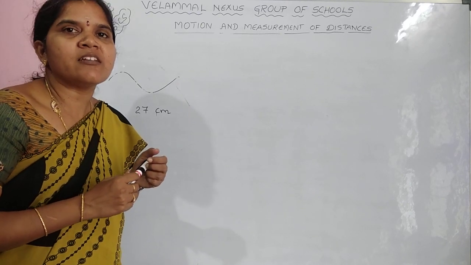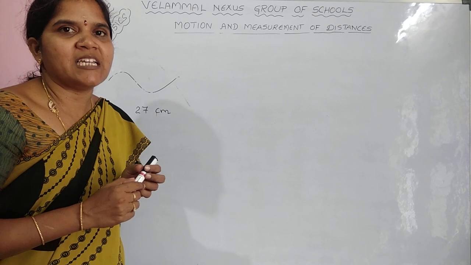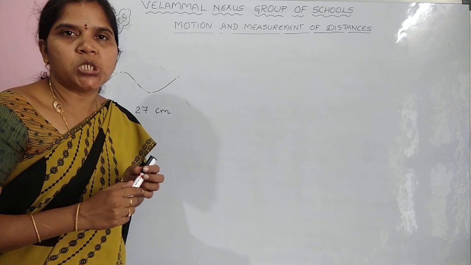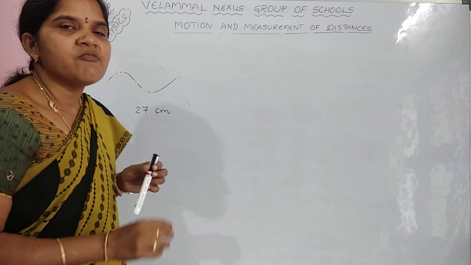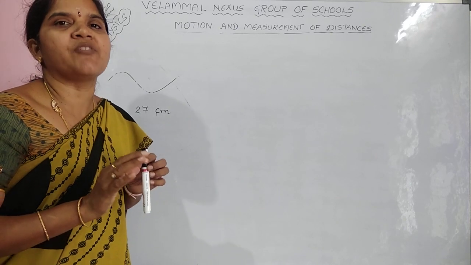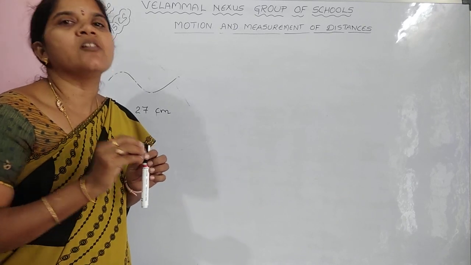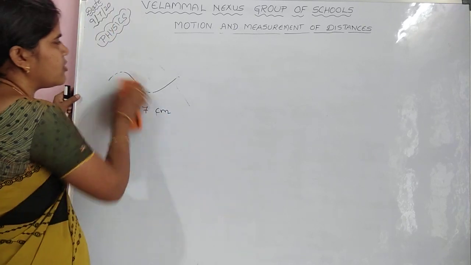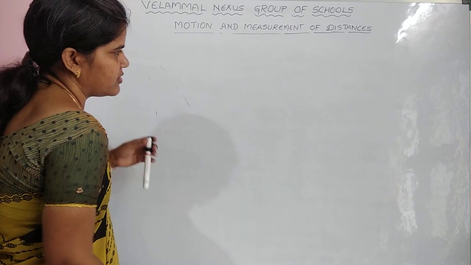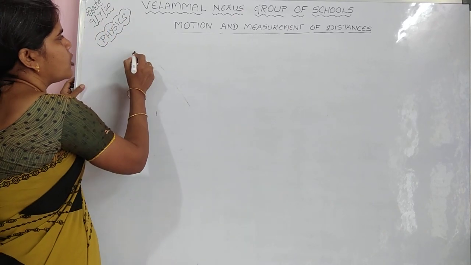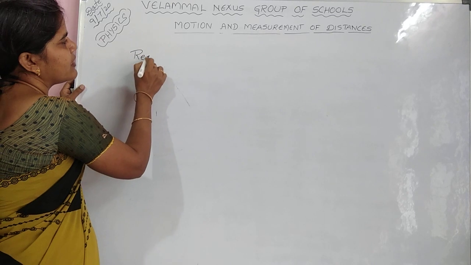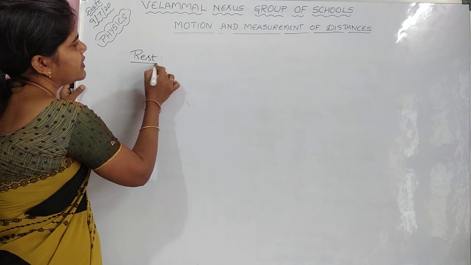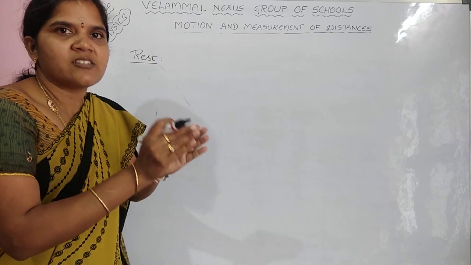Okay, do you understand? Now today's topic is rest, motion and types of motion. First we will have a clear understanding of what is rest and what is motion. First of all, we will discuss rest, children. What is rest? It is a normal English word meaning the rest position.